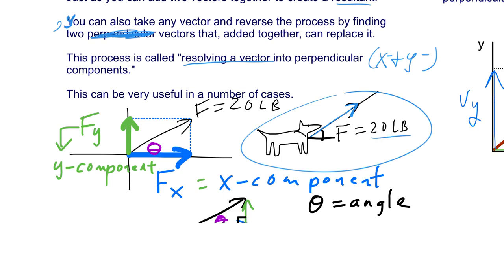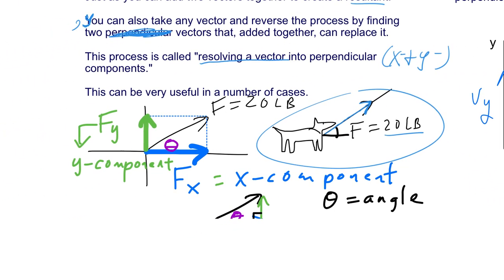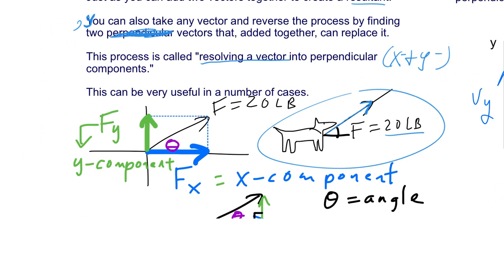Okay, there are two components of that force. And I can break that force up into its x and y components.